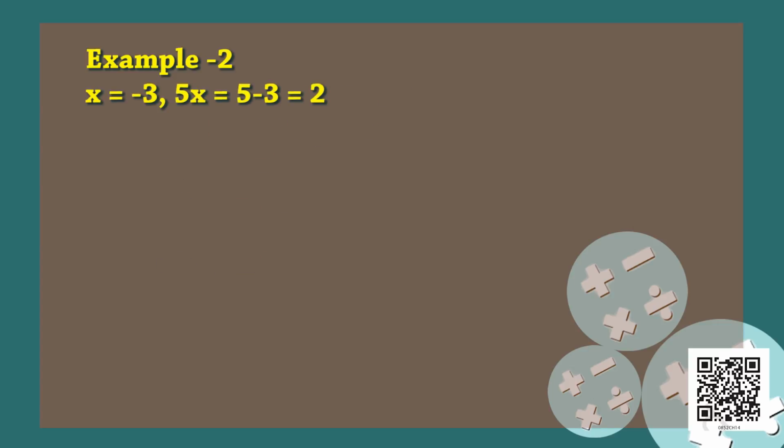Now, consider the second example. Appu did the following: for x is equal to minus 3, 5x is equal to 5 minus 3, that is equal to 2. What is the mistake he did? In the 5x, it is actually product of 5 and x.